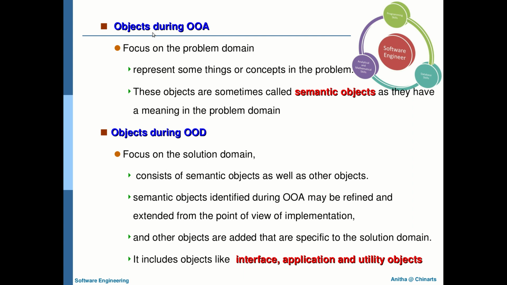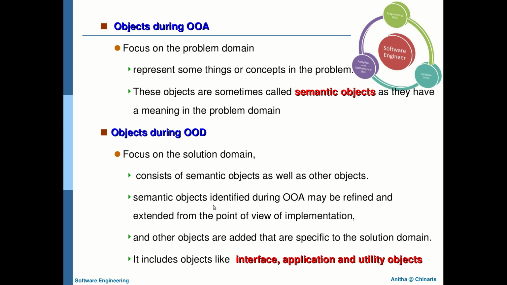Here, all the objects will be focusing on the problem, but in the design, all the objects will be focusing on the solution domain. So if it is focusing on the solution domain, what are the things? It will consist of semantic objects as well as other related objects. Whatever objects are related to the semantic objects will also be there.